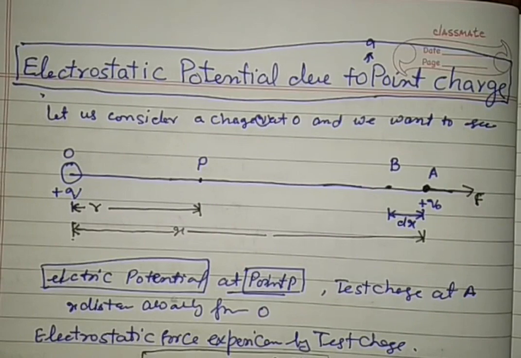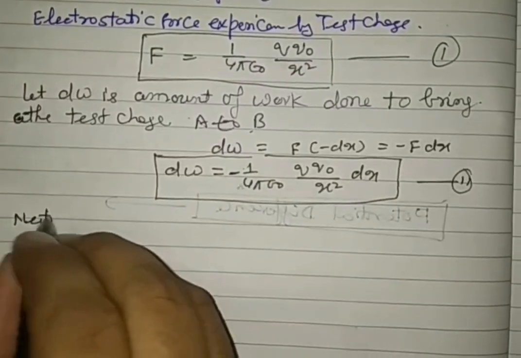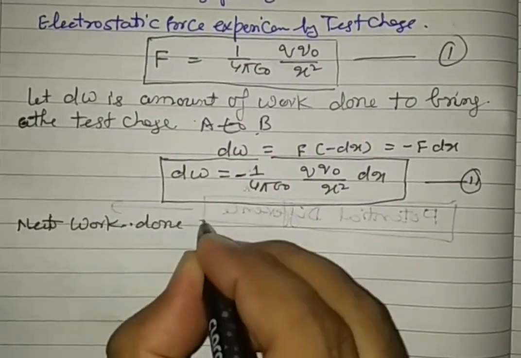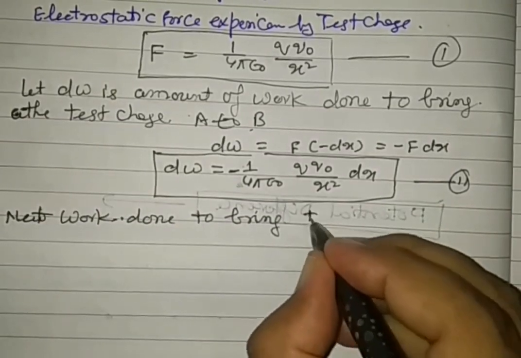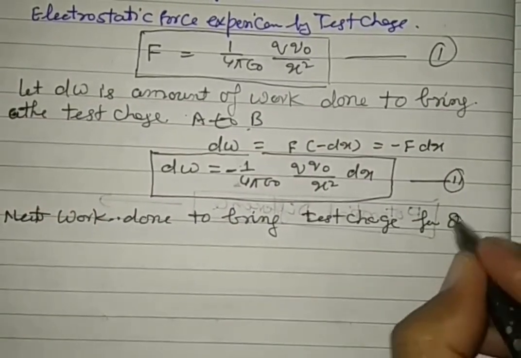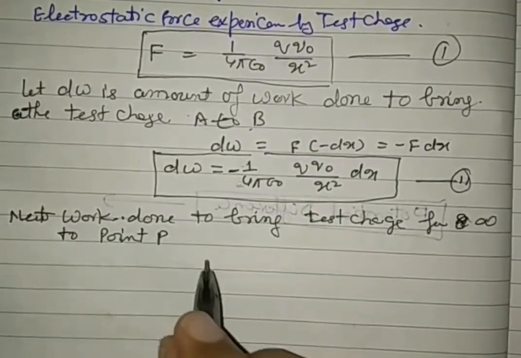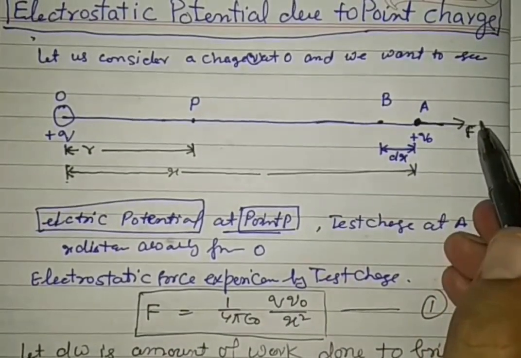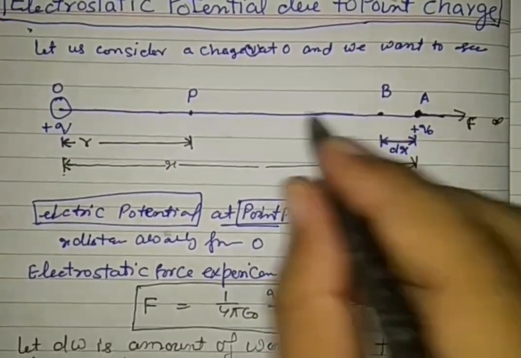So see, now we are going to calculate the net work done to bring the test charge from infinity to point P. See carefully, I have taken point infinity to point P. Electric potential is the work done to bring a unit charge from infinity to the point of field.